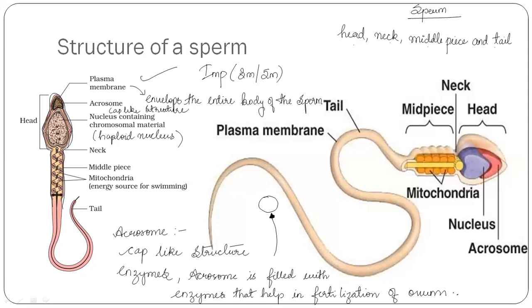So you got to know about the acrosome? Yes. The acrosome is a cap-like structure which is present on the head part of the sperm. And the acrosome is filled with enzymes that help in the fertilization of the ovum.